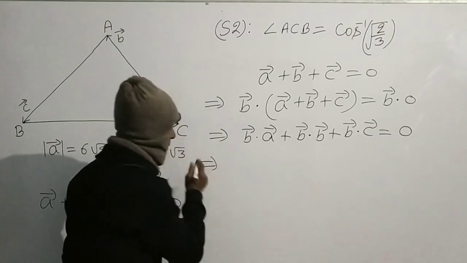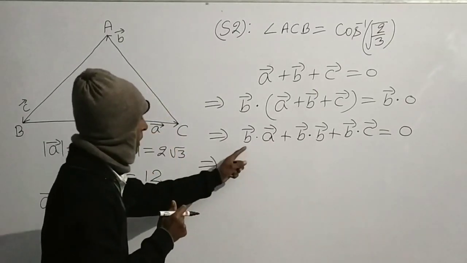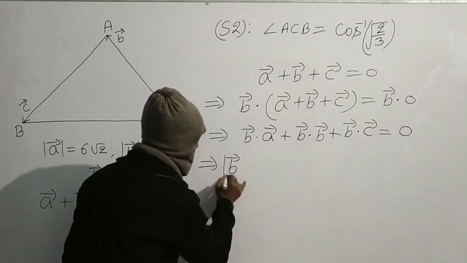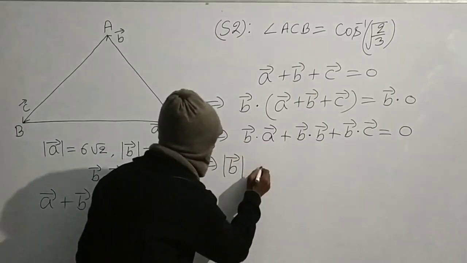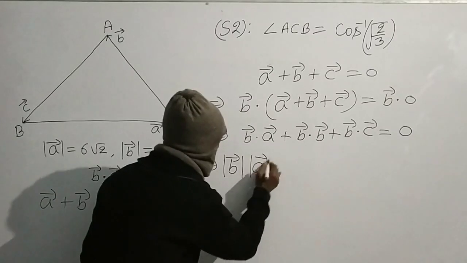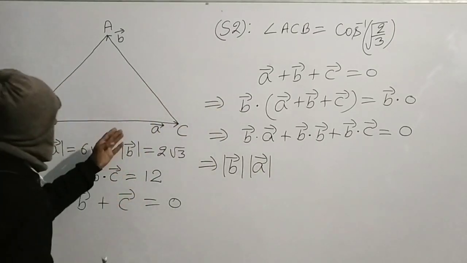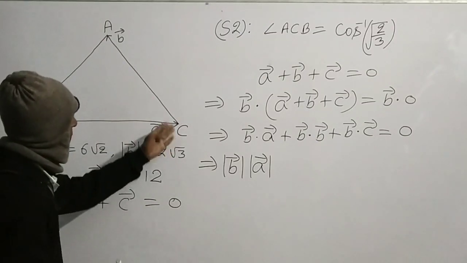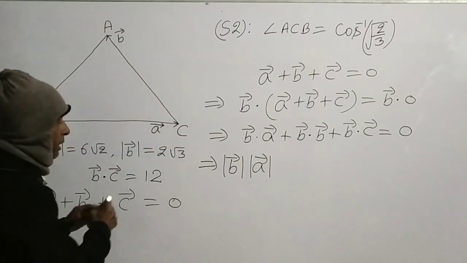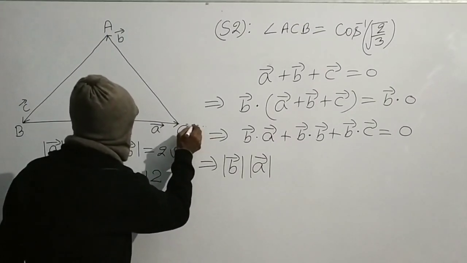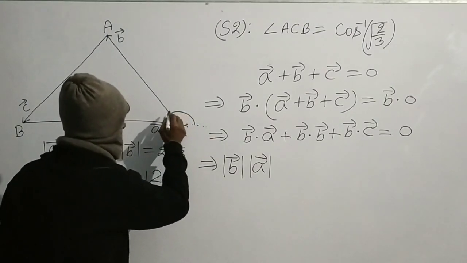This implies B dot A is mod of B mod of A cos angle between A and B. This is vector A and this is vector B. Therefore, angle between A and B will be this.